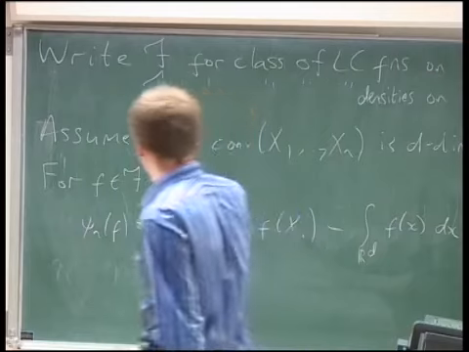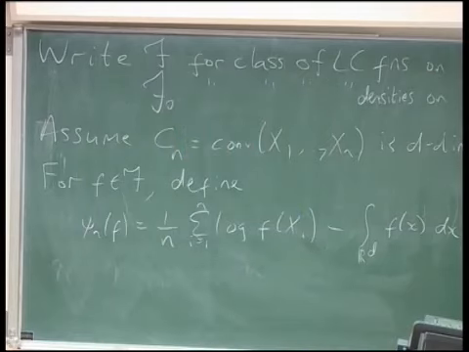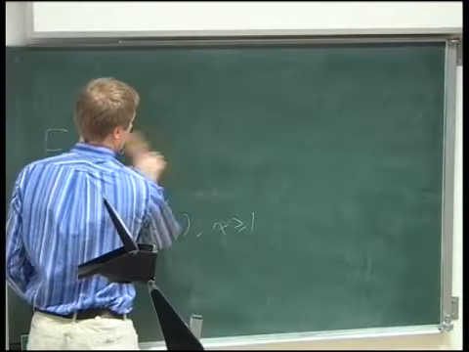So this is the function that I'm going to try and maximize, this function psi_n of f. And I claim that if f maximizes psi_n, then it must have certain properties.